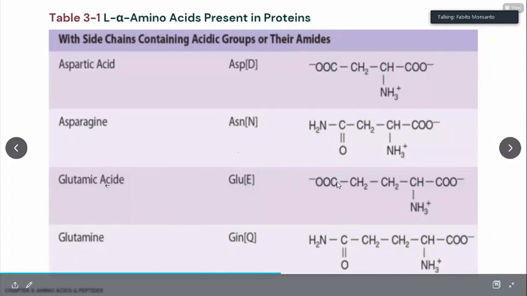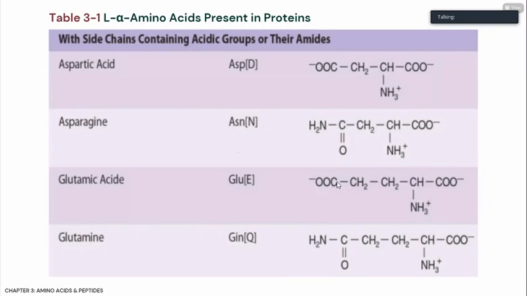And so with your glutamic acid: this is the alpha carbon, beta carbon, gamma carbon. On the gamma carbon of glutamic acid, you have a carboxyl group, and that carboxyl group reacts with an ammonium group, and that makes it an amide.